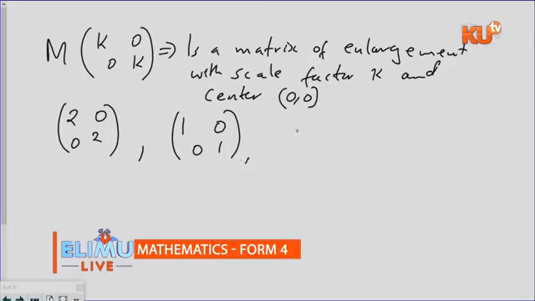Again, you can have a case, for example, a third, 0, 0, a third. It still means the same. These are matrices of enlargement, center 0, 0, and the scale factor is a third. So that is how we get the general matrices for enlargement.